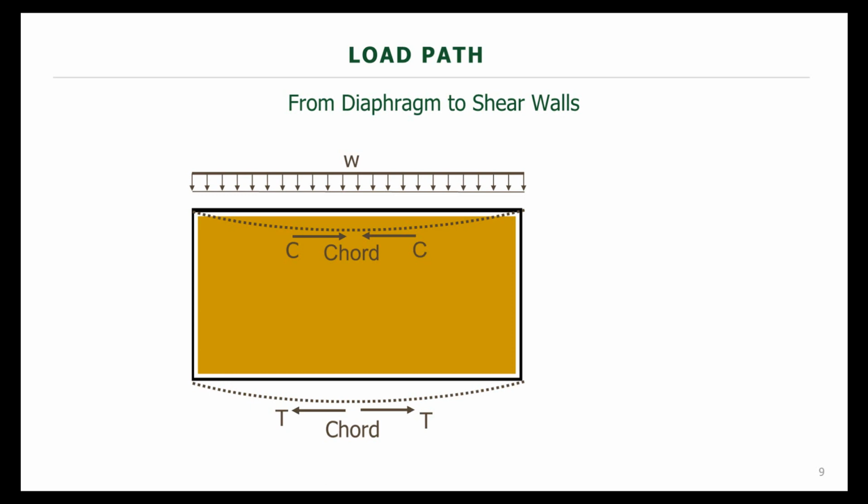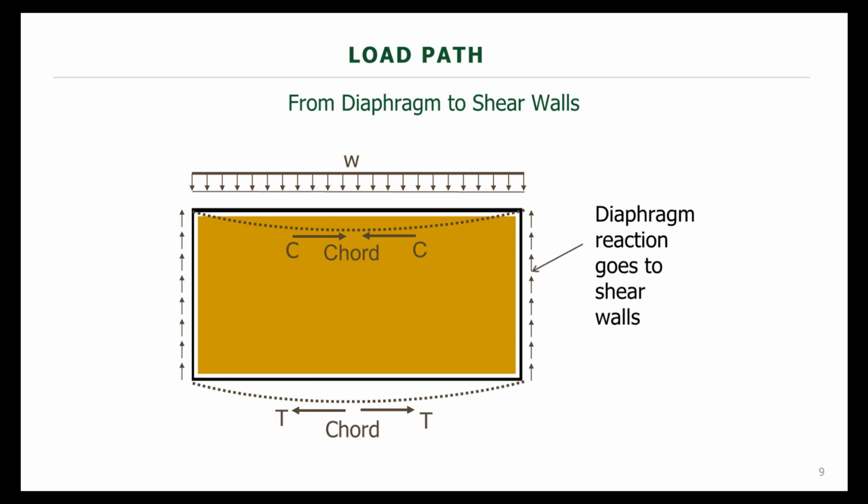And we have the chords at the top and bottom of our beam, which would be assumed to carry the compression and the tension depending on the way that the load is being applied. And then the reaction of that deep beam is resisted by the shear walls. So the diaphragm reaction then is carried into those supporting shear walls that we talked about a couple of slides back.